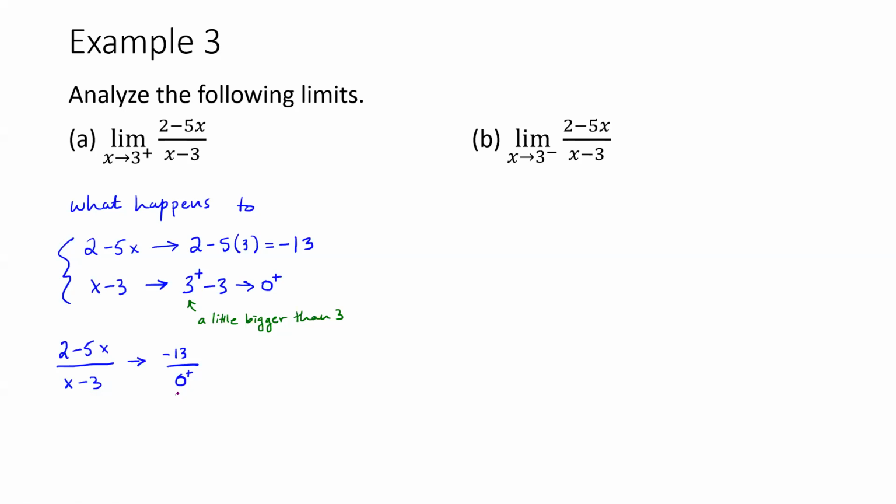So think of it like this quotient is always negative, because you got a negative number divided by a positive number when we're approaching from the right.